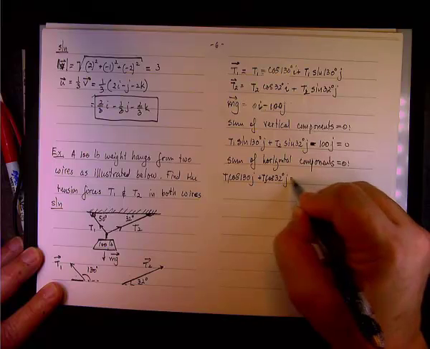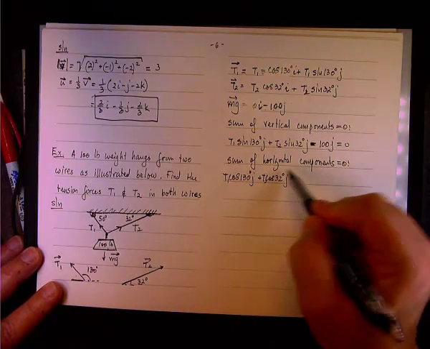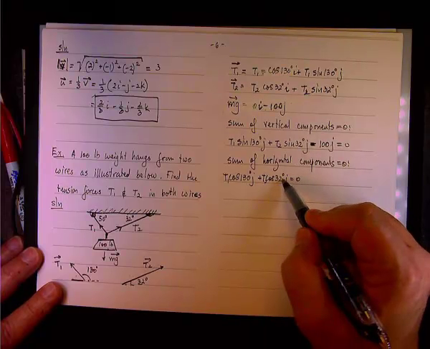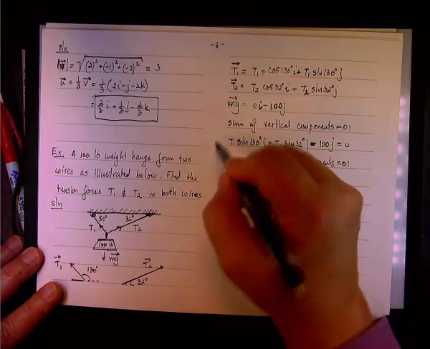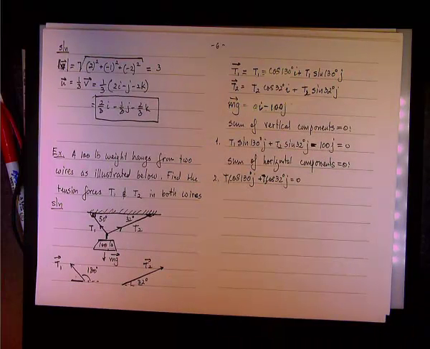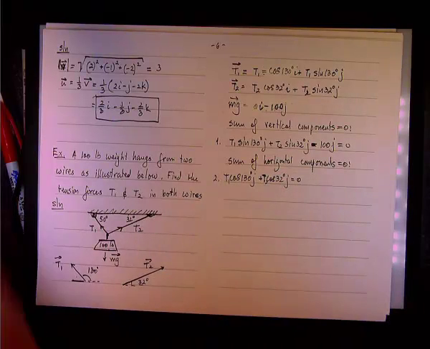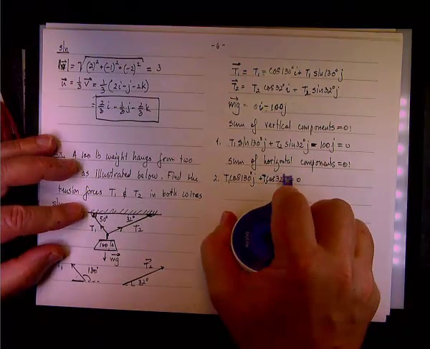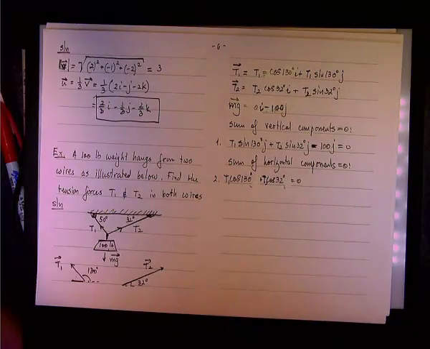So we're going to say that T1 cosine 130 plus T2 cosine 32 equals 0. Notice that cosine of 130 degrees is negative and cosine of 32 degrees is positive. So you have two equations. You have equation 1 and equation 2, and between the two equations you can solve a system. Okay?